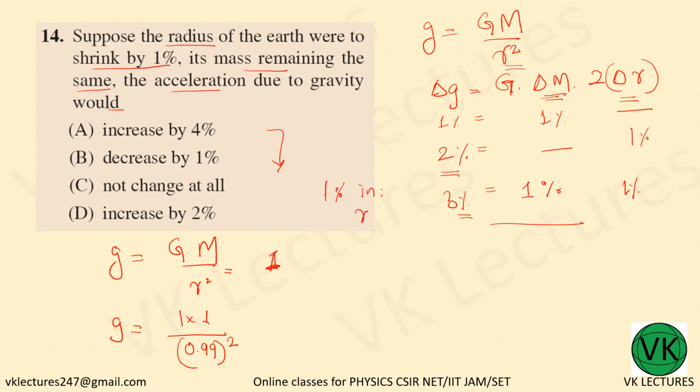There is a 1% change, so this is nothing but 1 divided by 0.9801. 99 square is 9801. This value is nearly equal to 1.0203.